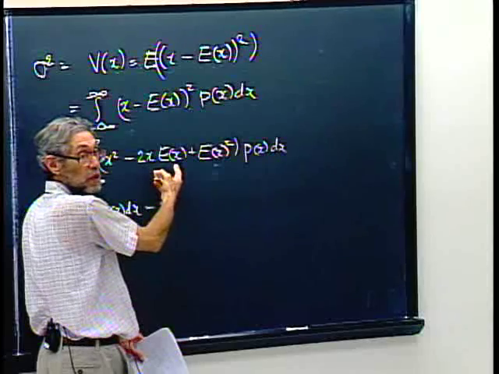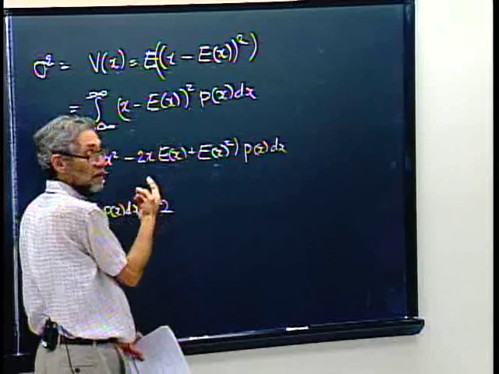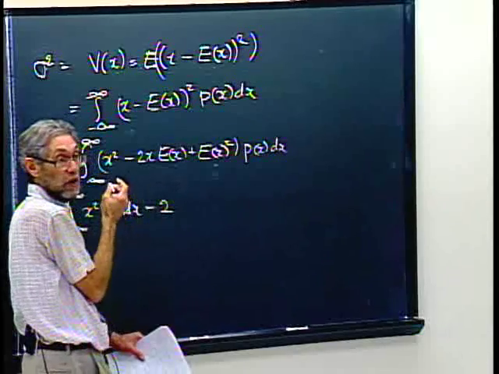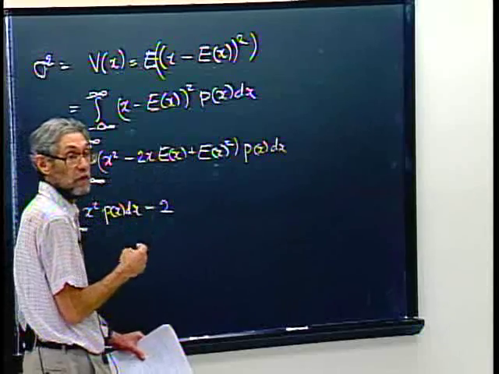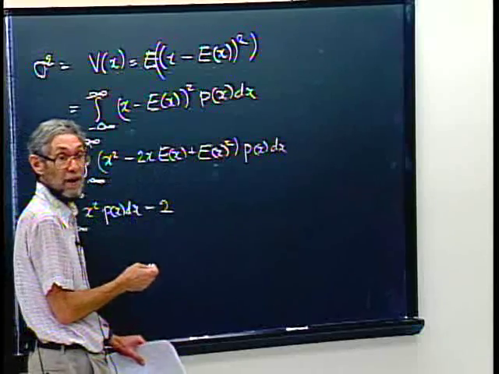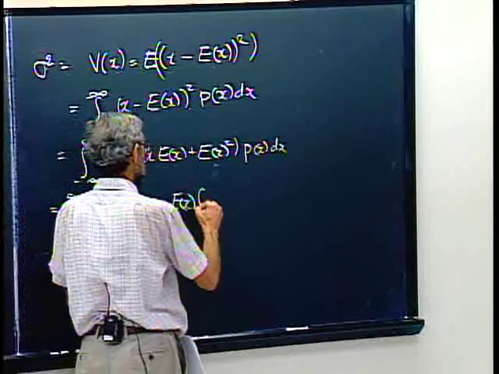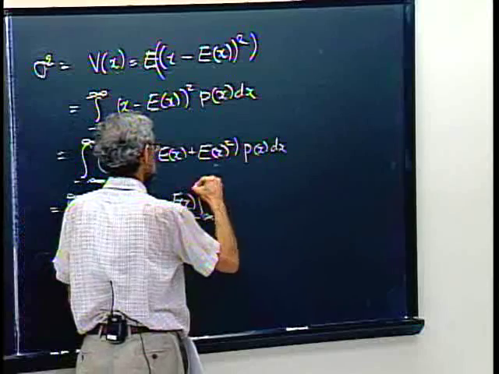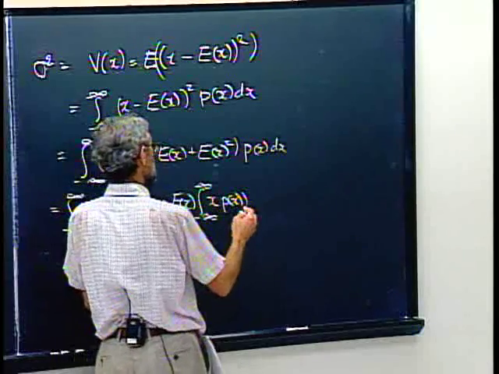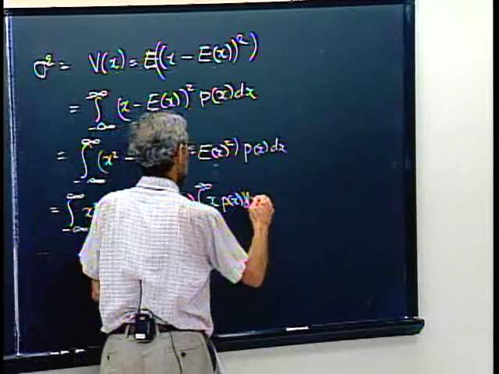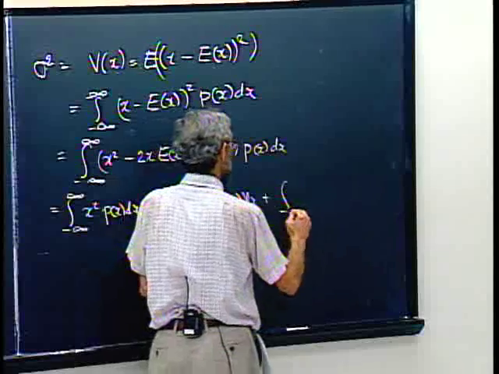So just like the distributive law for a finite sum, when you take a constant out from under an integral of a constant times the function, it is that constant times the integral of the function. It's a sort of a continuous version of the distributive law. So twice E of x, that constant, times the integral from minus infinity to infinity of x times p of x dx plus the integral from minus infinity.